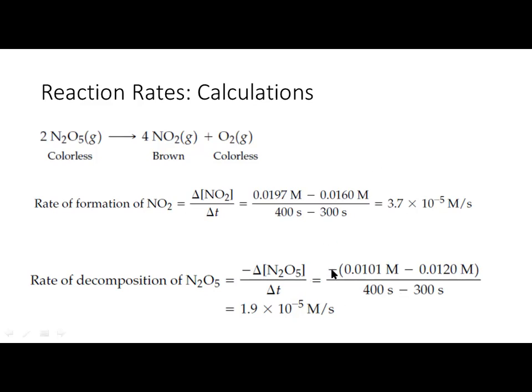So this is an additional minus, and you can see the importance of putting the minus along with this one, because the reactant is going to decrease. So look at the values over here. At 300 seconds, the value is 0.0120, and when the time passes, the value is going to decrease.